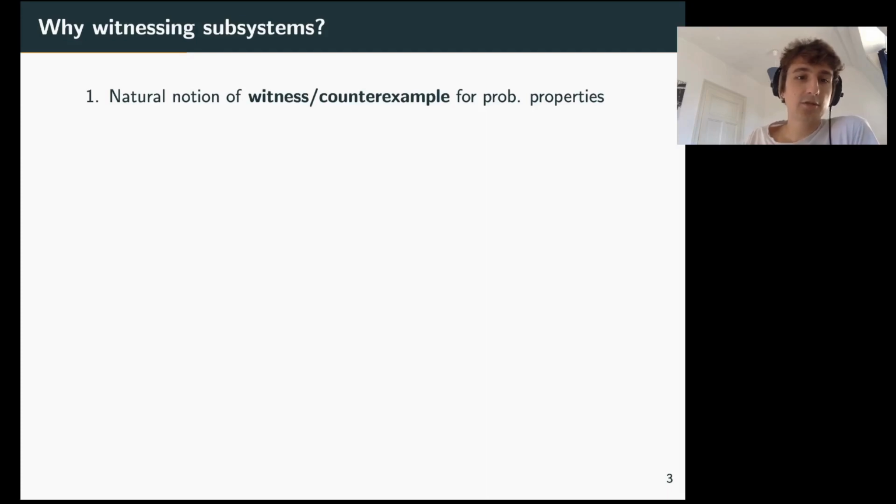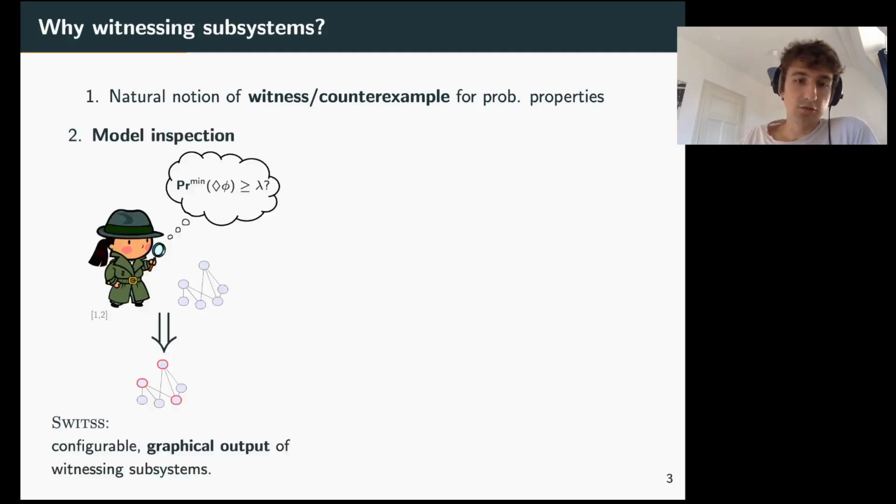Why is it interesting to compute such subsystems? So first of all, they are a natural notion of witness or counterexample in the probabilistic setting, which leads us to one use case, how you may use them. So an engineer may ask, why is it true that the minimal probability of reaching some error state, say, is higher than lambda in my system that I'm currently modeling?